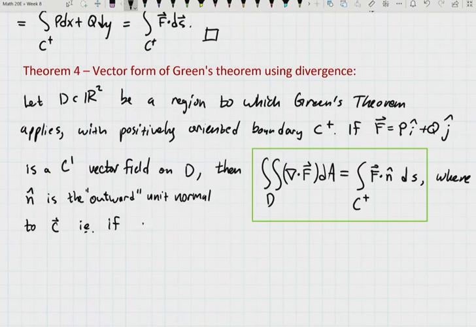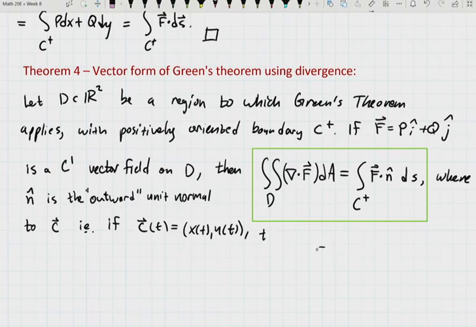That is, if the boundary is parametrized as x(t), y(t), then n hat, which depends on t, is given by, I'm going to need more room here.